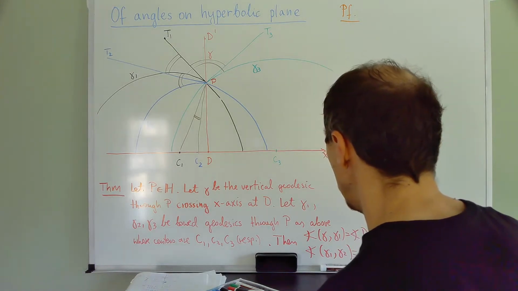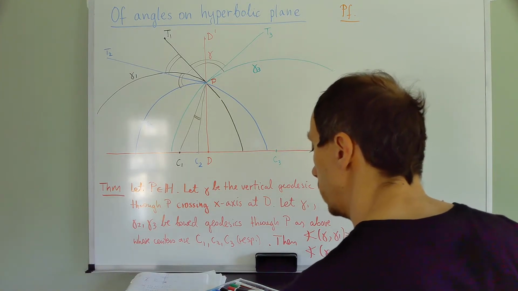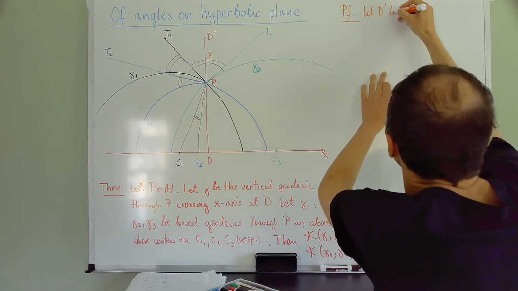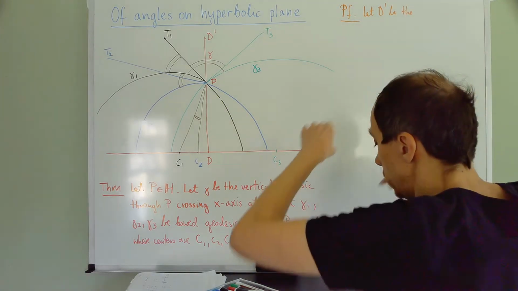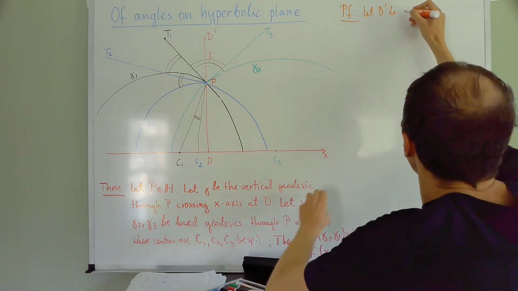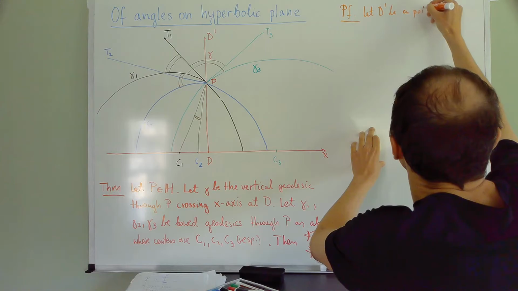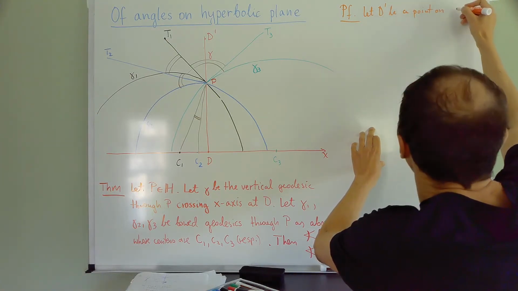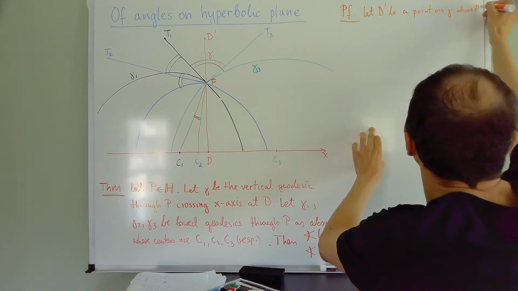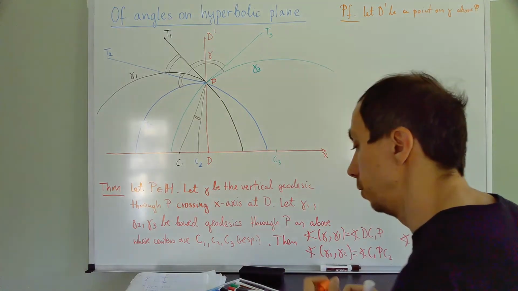So first we're going to deal with this angle here. Let D prime, as on the picture, be a point on gamma above P. So that's just that point over there.